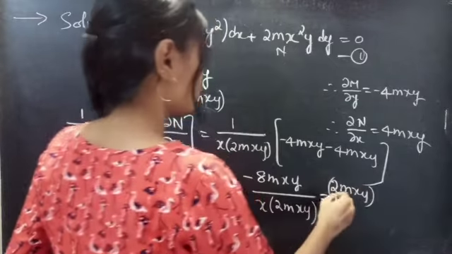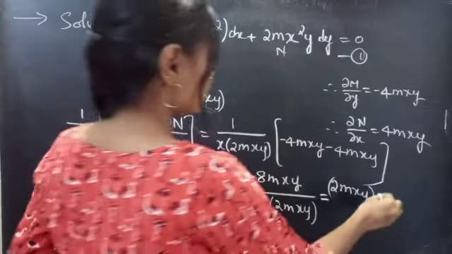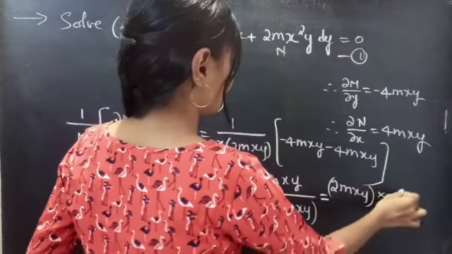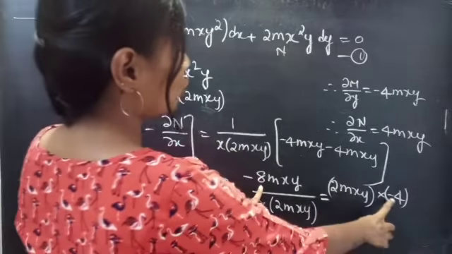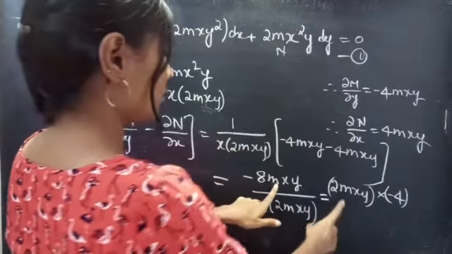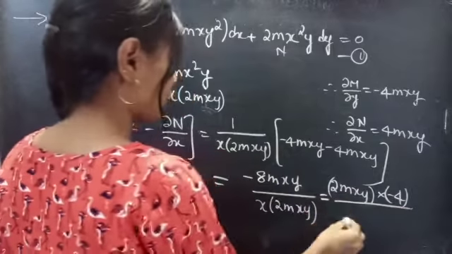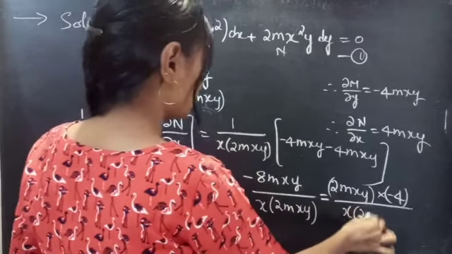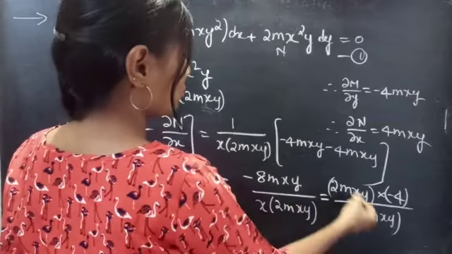You can write −8mxy as 2mxy into, 2 fours are 8, so 2 into minus 4 is minus 8mxy. You'll get the same thing, and the denominator remains the same. So here you can cancel 2mxy.